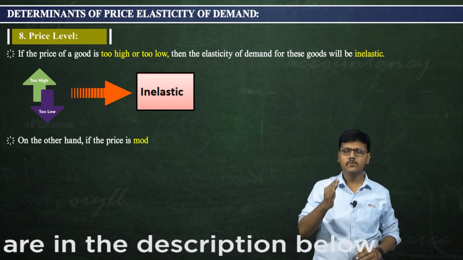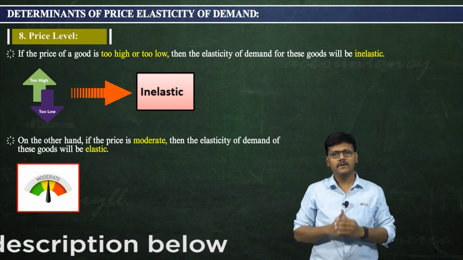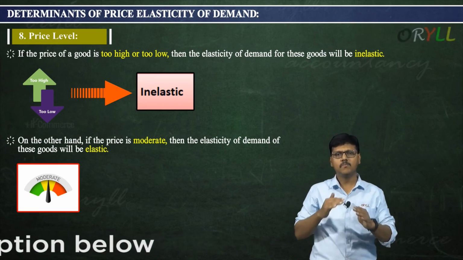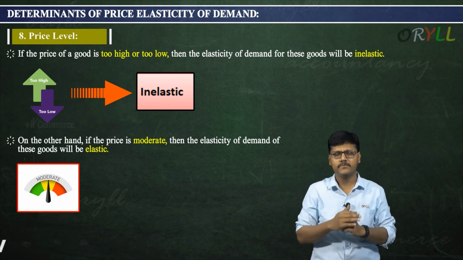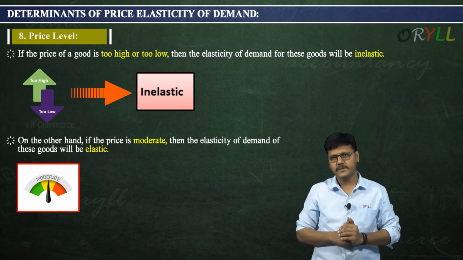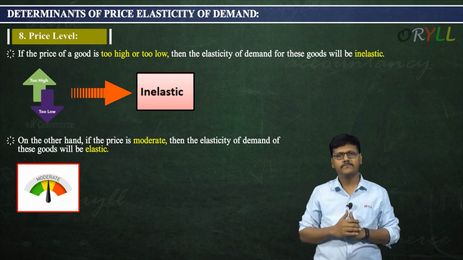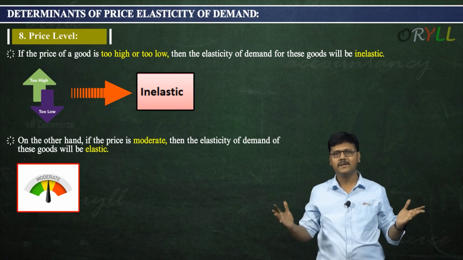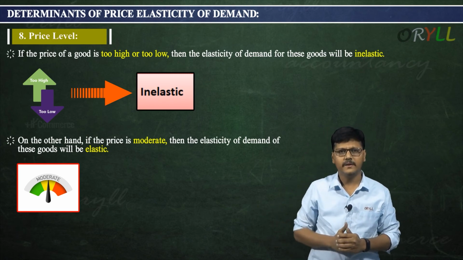When the price of the good is moderate, for example, the rents of houses, these are moderate prices. If the rent of the house increases some amount, for example, a person is living in a single bedroom and he is paying 5,000 rupees. If the owner says from next month onwards you have to pay 500 rupees extra, then immediately he will say, sorry sir, I cannot pay because this 500 is very high.